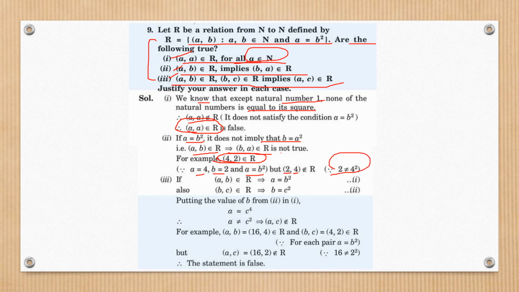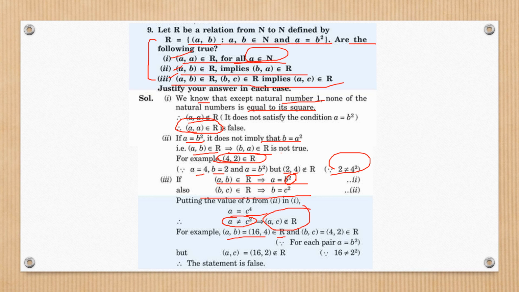Similarly, the third one: (a, b) belongs to R means a = b², and (b, c) belongs to R means b = c². Now, if I put this b as c² in equation 1, I will get (c²)², that is c⁴. So a = c⁴, not equal to c². That means (a, c) does not belong to R. If I take an example, the pair (a, b) as (16, 4), because a = b², 16 is equal to 4².